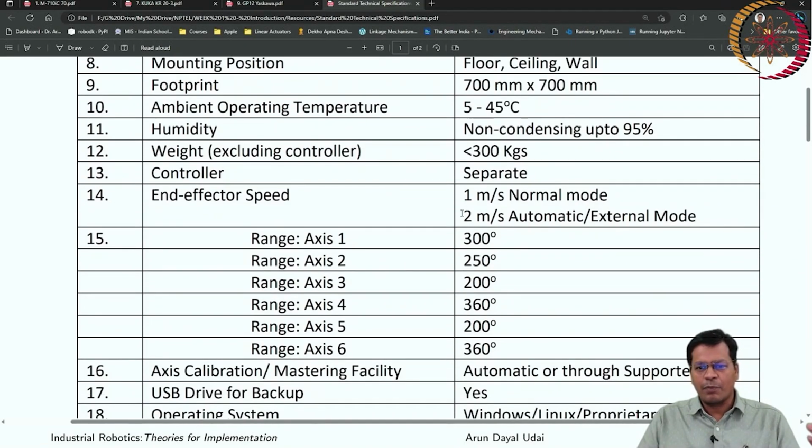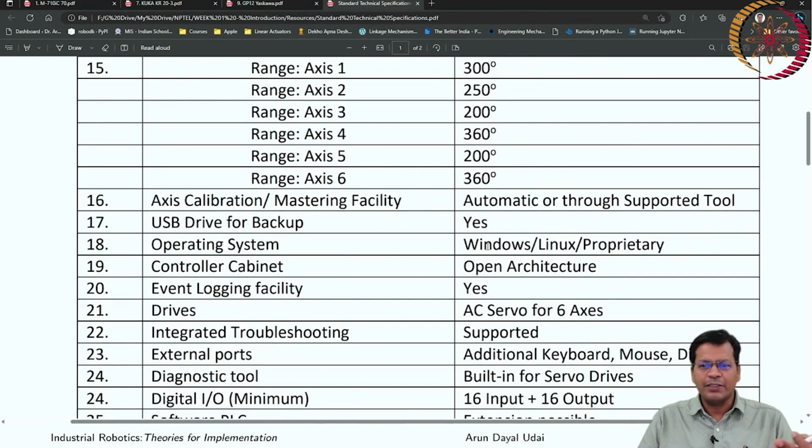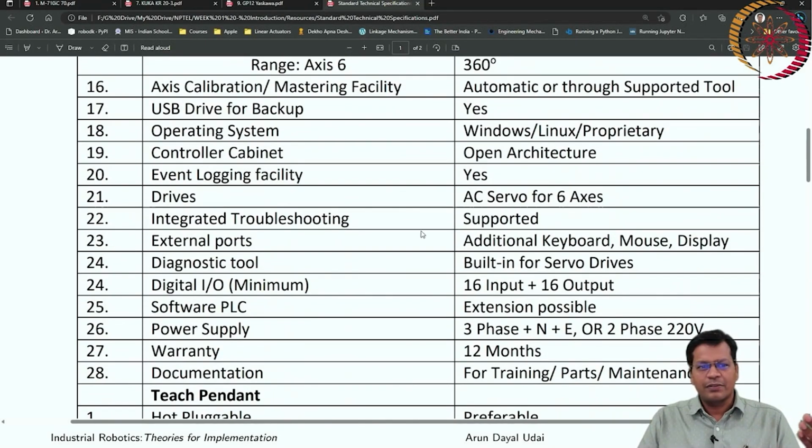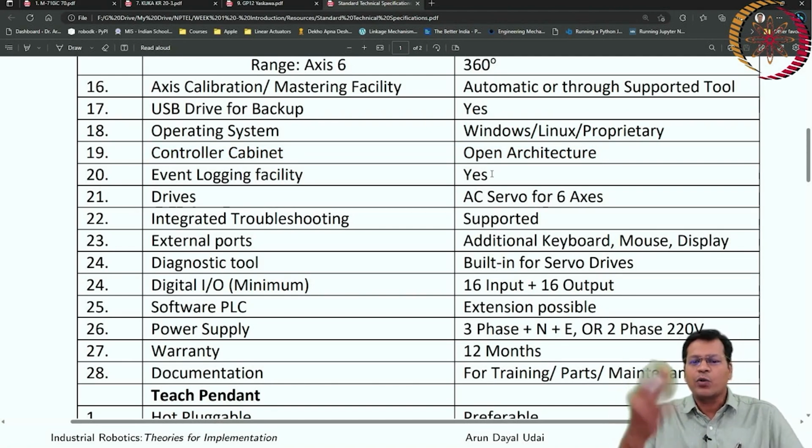End effector normally should be this speed. See, range of axis I have mentioned. Automatic. The operating system can be any: Windows, Linux, proprietary or anything. Open architecture is one of the very special things that I have put. My architecture should be open so that I can fit any IO cards, any input and output card, not necessarily only Yaskawa things just because it is a Yaskawa robot.